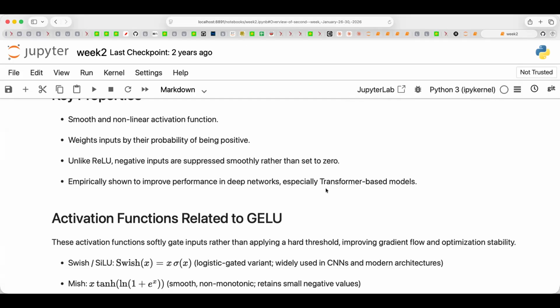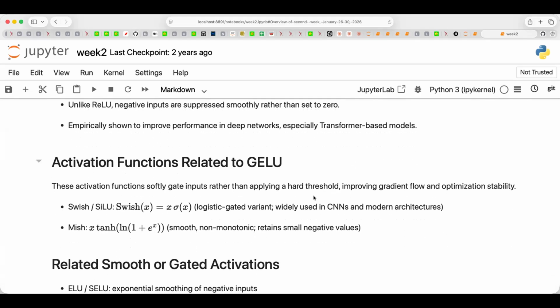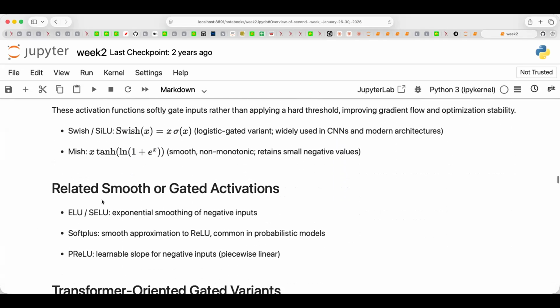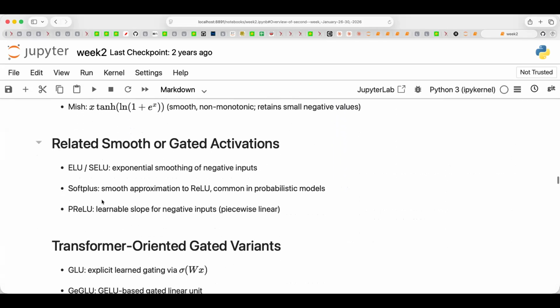So it shouldn't come as a surprise that there is a whole family of them, and sometimes you don't see the wood for the trees because there are so many and you don't know which one to use. But there are some general recommendations. If you go through the literature, you will see that if you're dealing with transformers, there is a whole set of functions related to GELU. I love these names actually: Swish, SiLU and Mish. So you see there's room for you to come up with your own function with a fancy name.